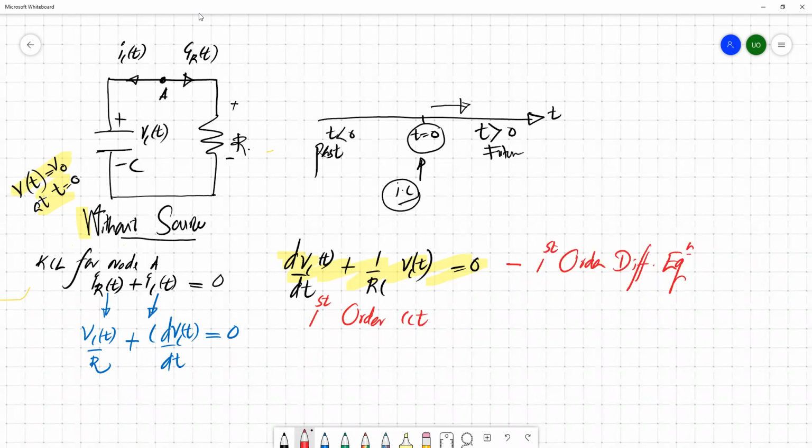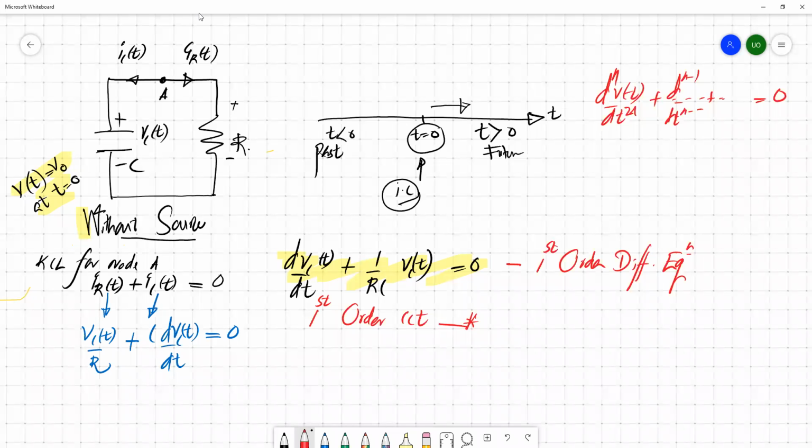First order circuits means that if you can parameterize the voltage and current using a first order differential equation, you can identify those circuits as first order circuits. From this we can conclude that we may have this type of equation as well, with d^n v/dt^n plus terms down to d^(n-1)/dt^(n-1), like that.